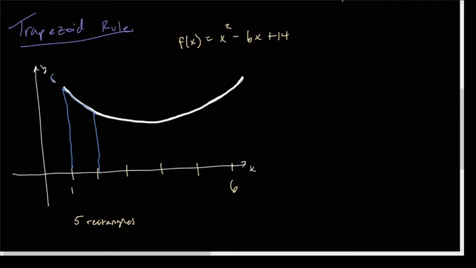So this would be f of 1, f of 2, f of 3, f of 4, f of 5, and f of 6.